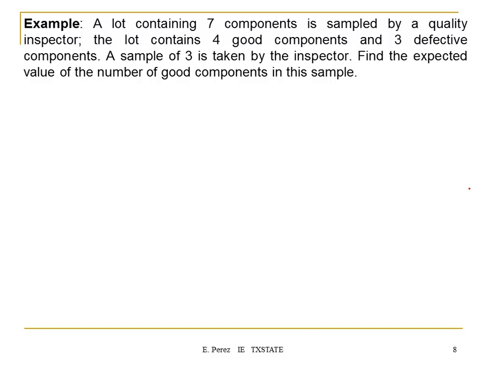What would be the first thing you do? Remember, we need 2 things: the value of the outcome, which is our random variable, and the probability, which is f of x. We know what the values are. The only thing we don't have is the probability distribution. Any idea how to get it?